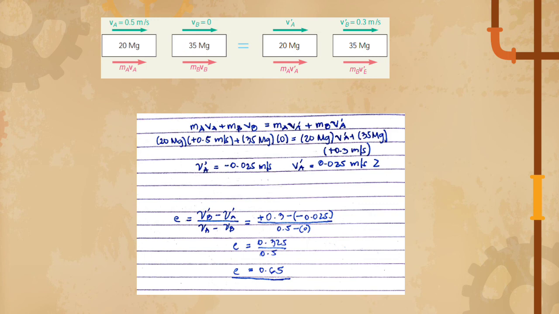And the required in the problem, which is the coefficient of restitution between the two cars, we can find its value by using this equation. e is equal to, and substitute all the values needed, we got the value of our coefficient of restitution, which is equal to 0.65.